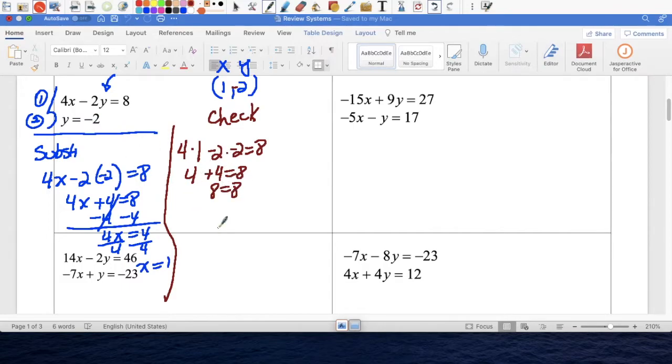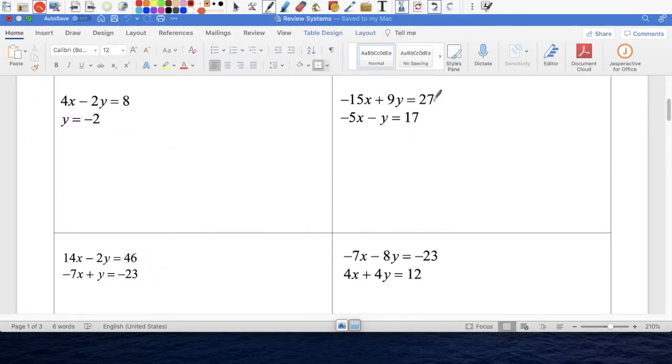In equation 2, y equals negative 2. Let's replace the y with negative 2, and as you can tell, that also works. So equation 1 and equation 2 are both satisfied with the point of intersection 1, negative 2.